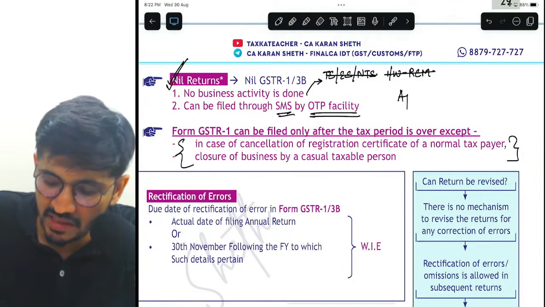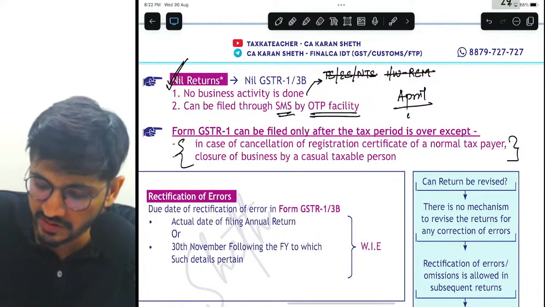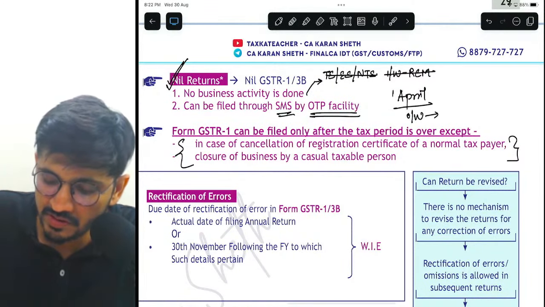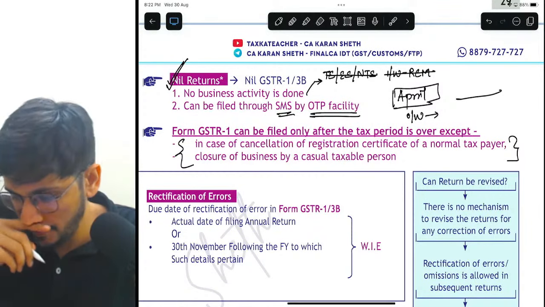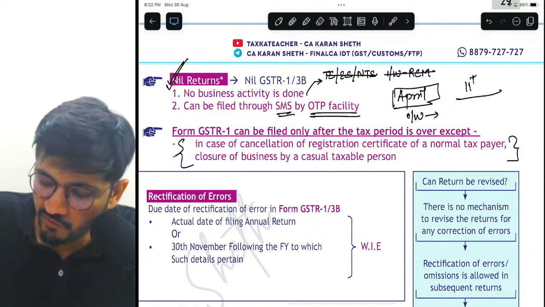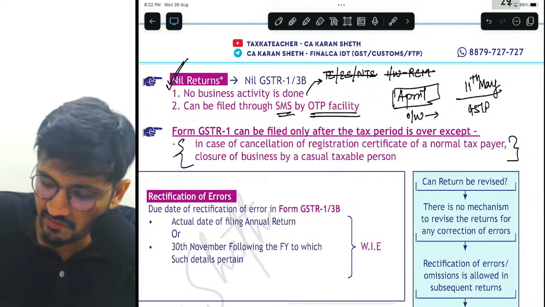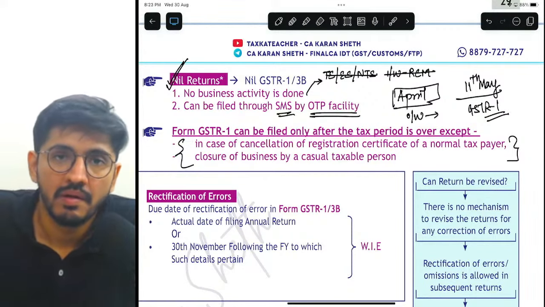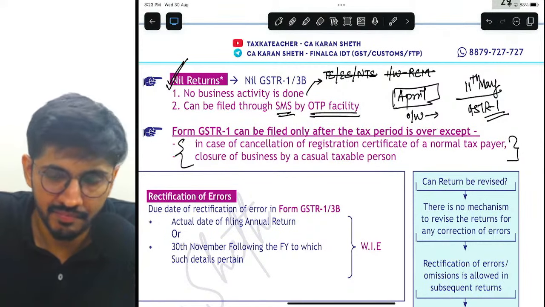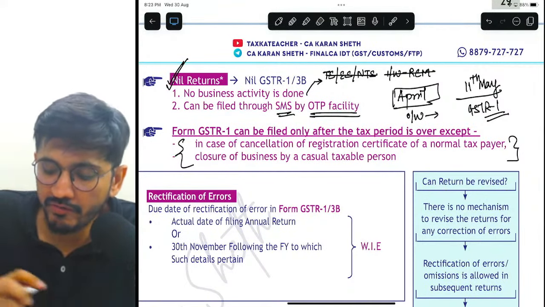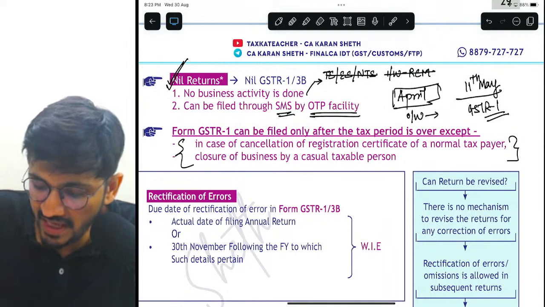Generally, for April's GSTR-1, any outward supplies you have made in the month of April, you have to file GSTR-1 by 11th of the next month, May. Got it? You cannot file it in April only.